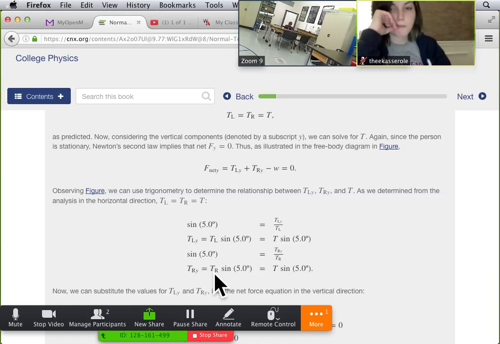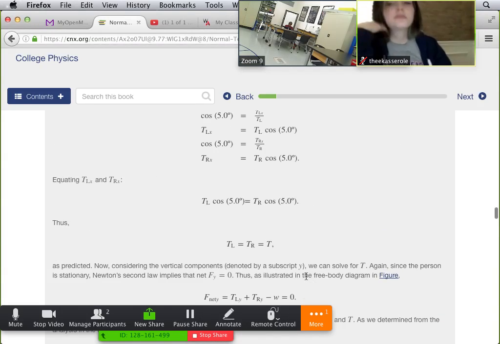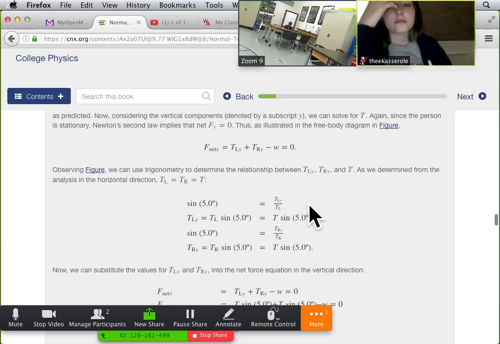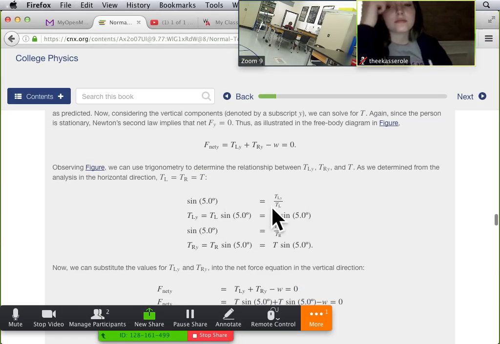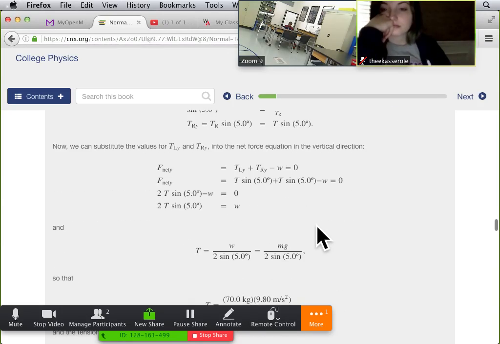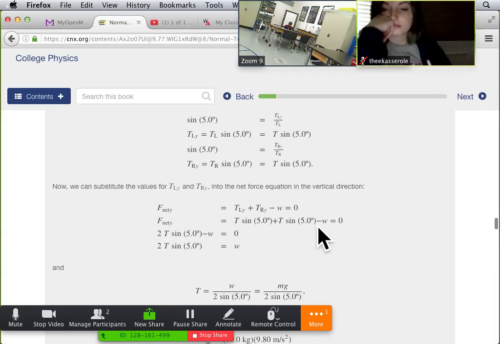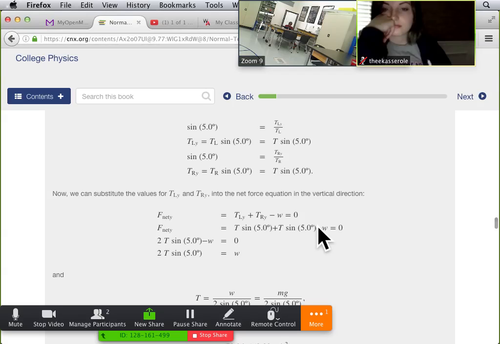And we get this equation for y, which also leaves us with just a T. So we have T sine 5 degrees. Now we have a cosine and a sine. So we have T_L x equals T cosine 5, and we have T_L y equals T sine 5, and we can do a ratio and use the tangent of 5 degrees to find T.